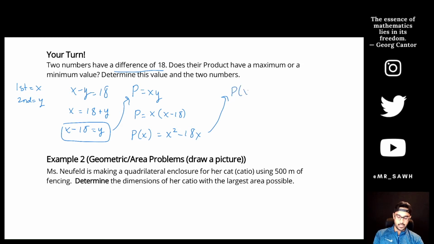So my product has an input of x, so x squared minus 18x, and I'm going to add 81 this time, because 18 divided by 2 is 9, and 9 squared is 81, so I also have to take 81 away. So my product function has a format of x minus 9 squared minus 81.